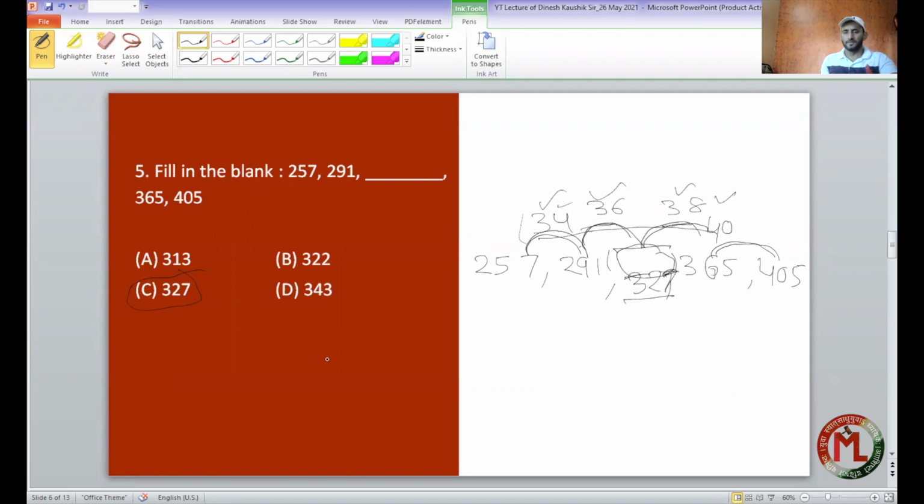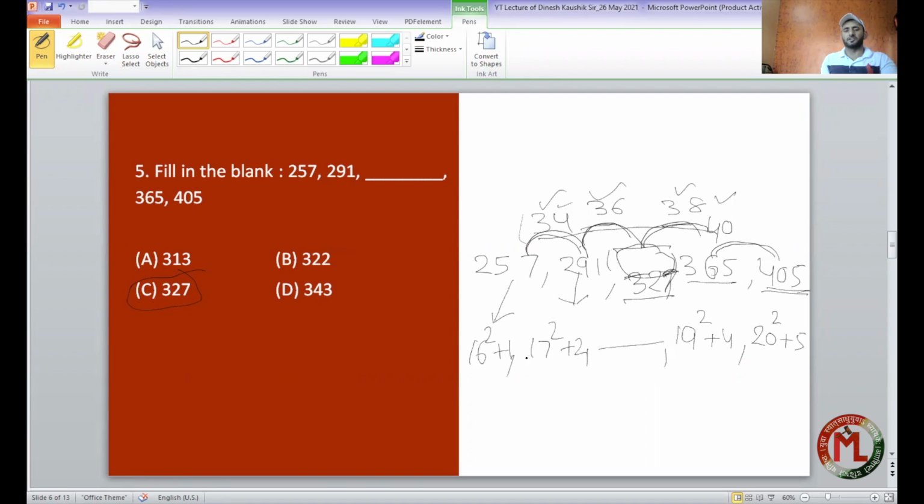This is one logic. Another logic that came to my mind: 400 is 20 square plus 5. Okay, beta. And this is 19 square plus 4. This was the missing term here. This is 17 square plus 2. And the first term is 16 square plus 1.